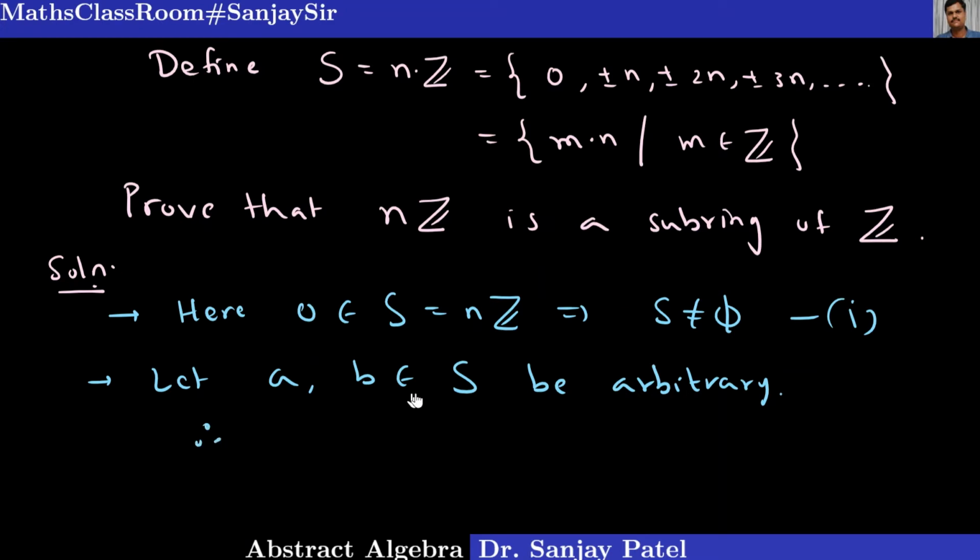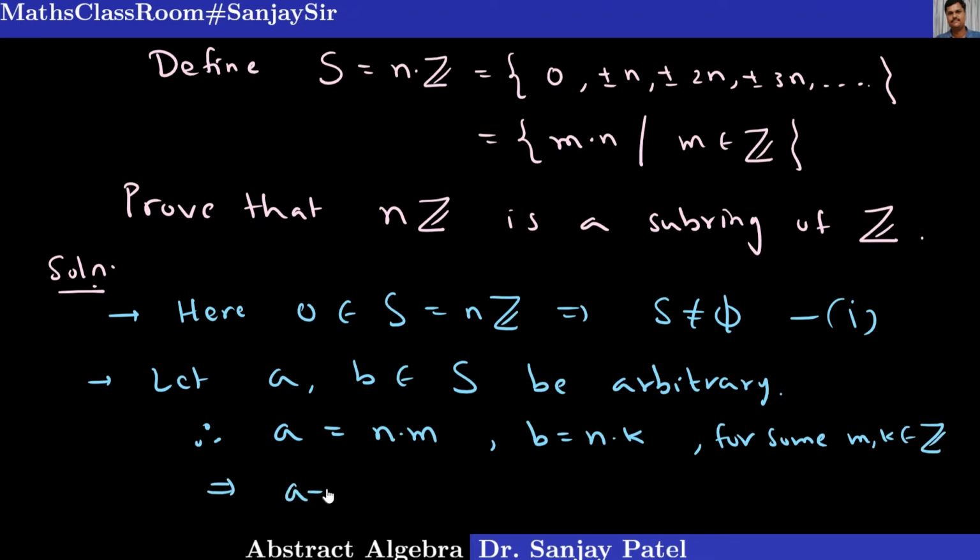Therefore, as A belongs to S and all elements of S are of the form n into some integer, I can say that A is of the form n into m, and B is equal to n into k, for some integers m and k belonging to Z. So this implies, if I write now A minus B, that is n into m minus n into k, which can be expressed as n into (m minus k).